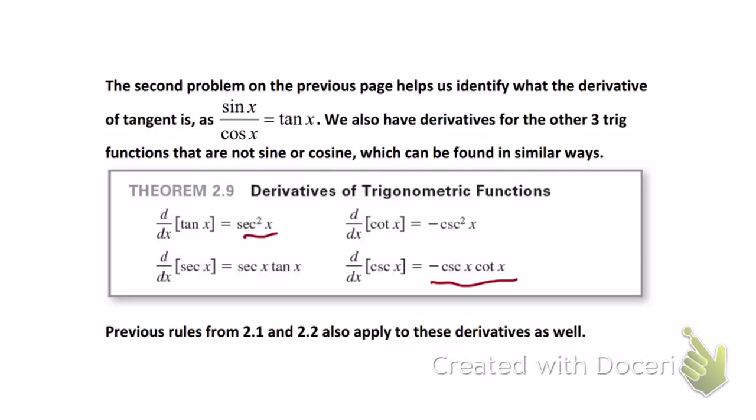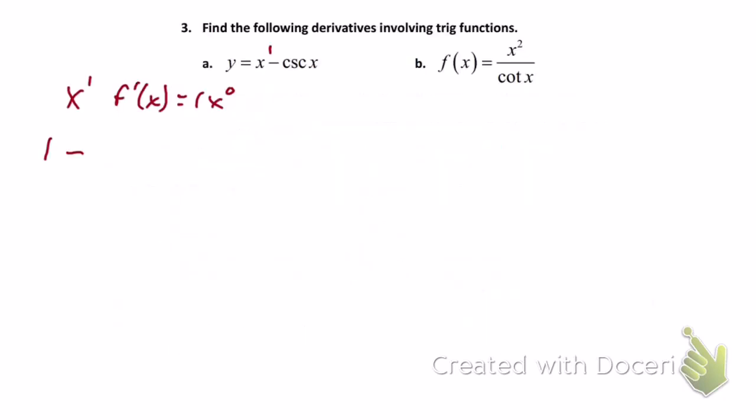For cosecant. You're good. Okay, so negative cosecant cotangent. So negative cosecant x cotangent x, which gives me 1 plus cosecant x cotangent x.